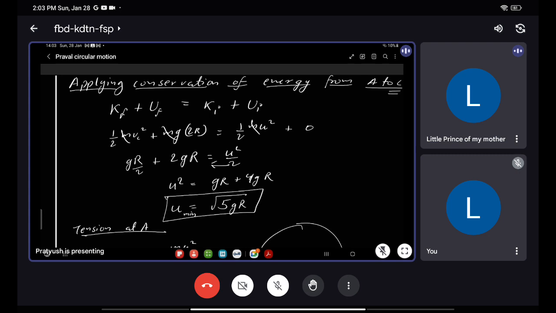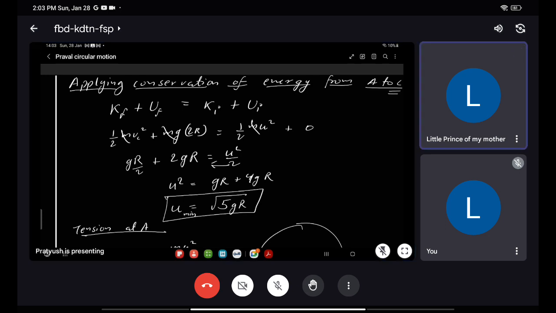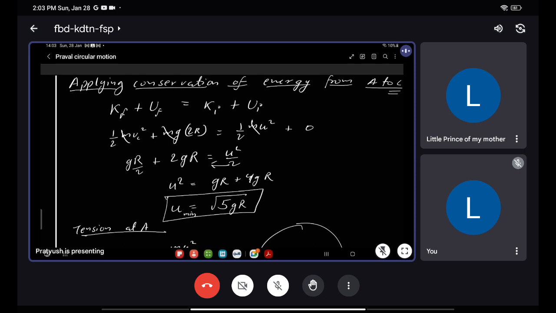By equating both of them, we get u equal to under root of 5gr. So if under root 5gr is the velocity of the object at the base of the circle, then it can complete a full vertical circle.